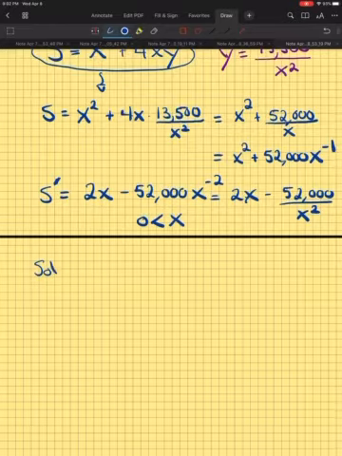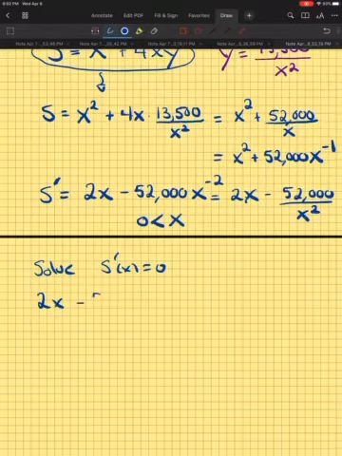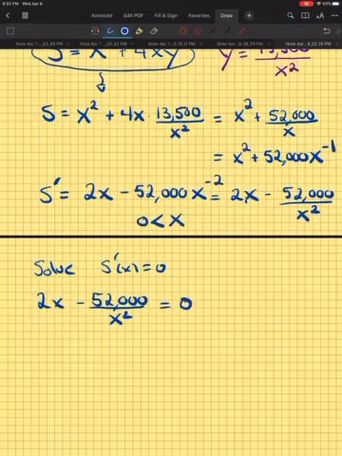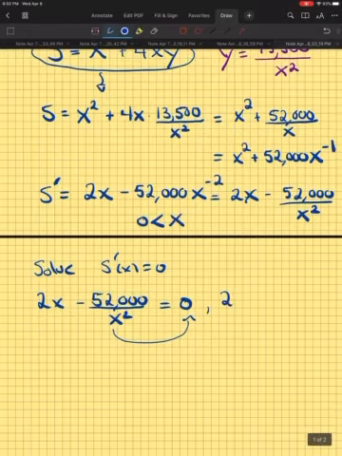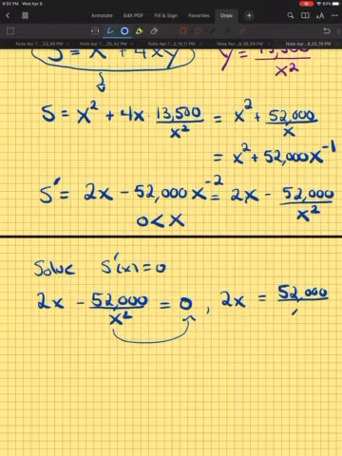I need to solve S prime of x equals 0. So that gives me 2x minus 52,000 divided by x squared equals 0. I'm going to bring this piece all over here. So that gives me now 2x equals 52,000 divided by x squared.